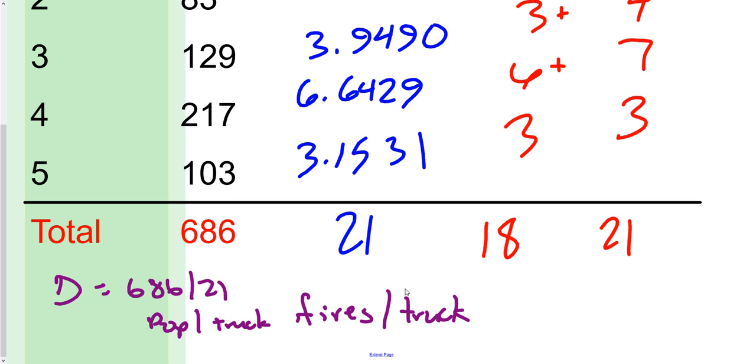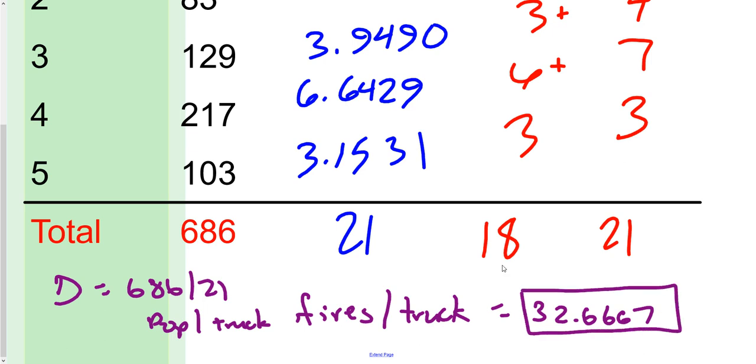And that number in this particular case is 32.6667. That's a very important number. And again, keep it to 4 decimal places. I don't care if you know that it's 0.6 repeating, or that it's like 32 and 2/3. You need to use 4 decimal places.